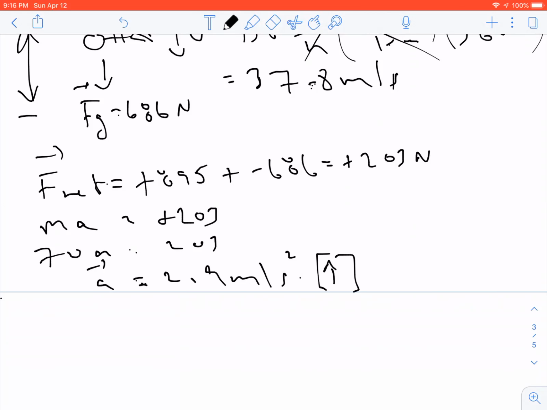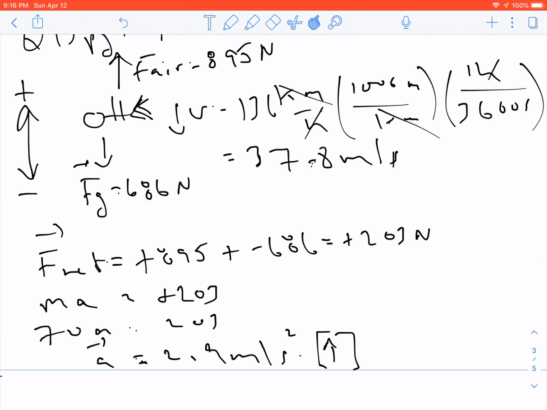In the book, they say she has negative acceleration, meaning she's slowing down, which is true if you assume that the direction of her motion originally was positive. If that's the case, then all these numbers become the other way around. If up is negative and down is positive because that's the direction she's going, then the Fg becomes plus 686.